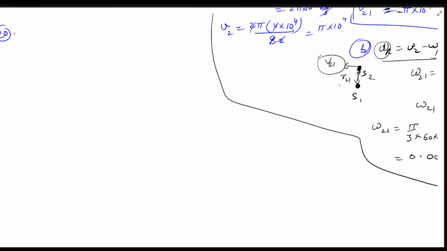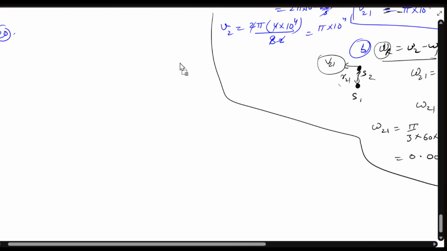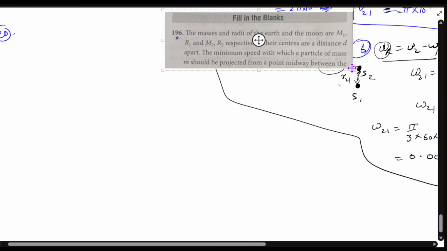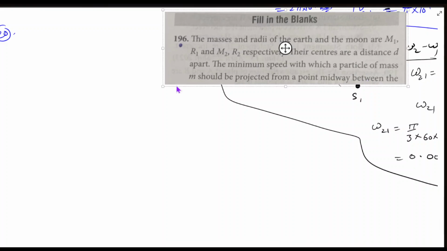So we have this. Okay, so in this question, we have two masses, the masses and the radii of the Earth and Moon are this. Okay. The centers are at a distance d apart.